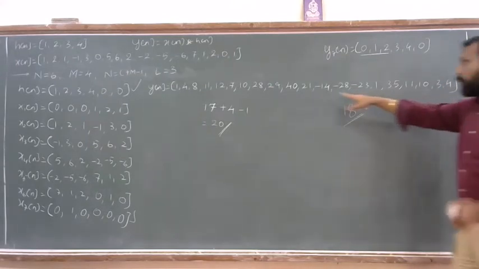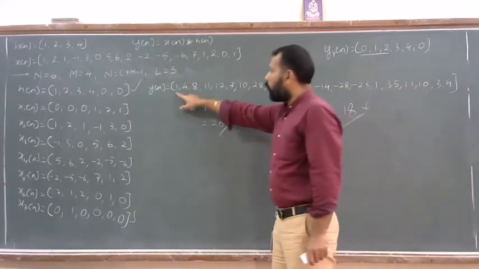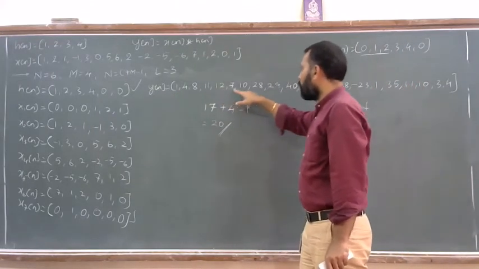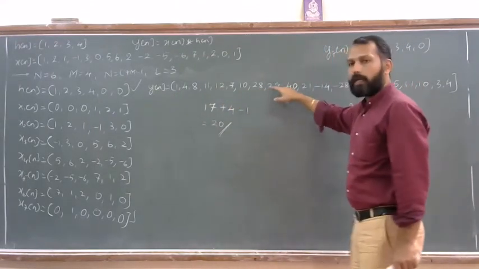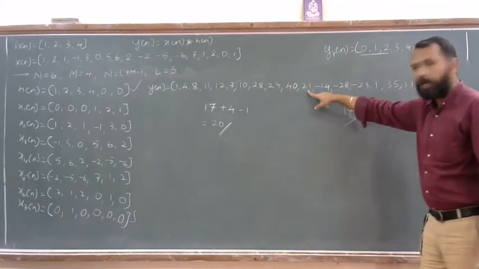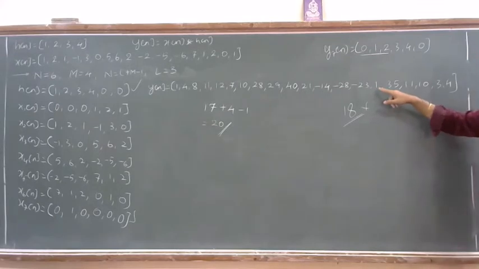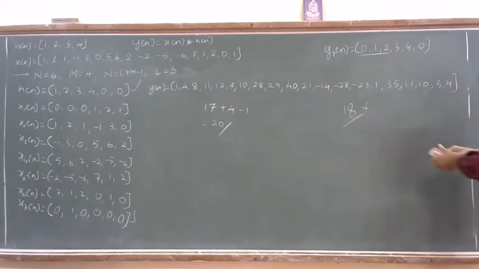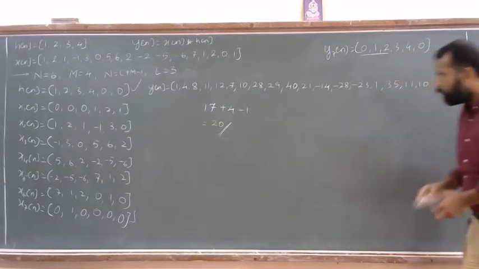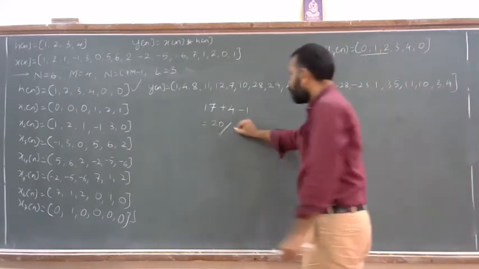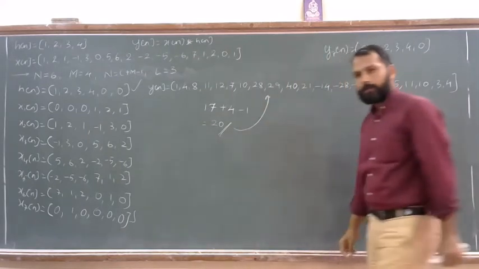So the output is 1, 4, 8, 11, 12, 7, 10, 28, 29, 40, 21, minus 14, minus 28, minus 23, 1, 3, 1, 35, 11, 10, 3 and 4. So the total length of this output sequence is 20.